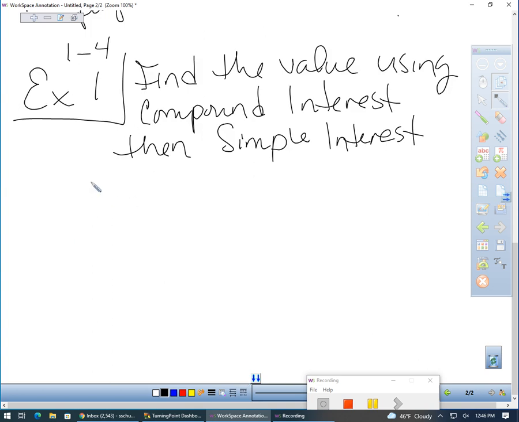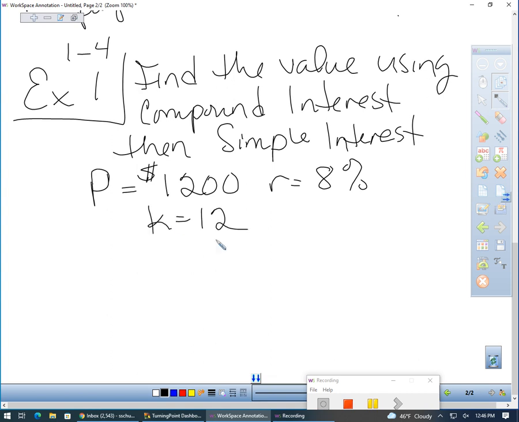All right, so maybe our P equals, let's say, 1,200. We're going to say R is 8%. We're going to have it compounded monthly. So that means if it's compounded monthly, K is 12. And let's do it for 5 years. Sounds great. So T equals 5.